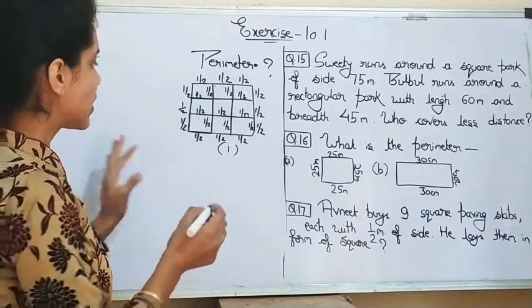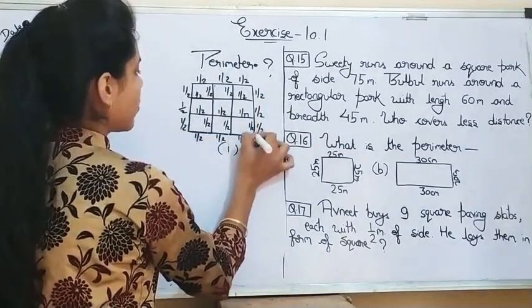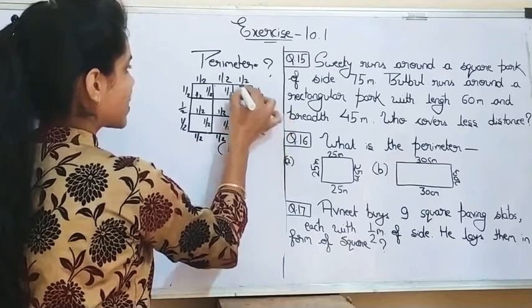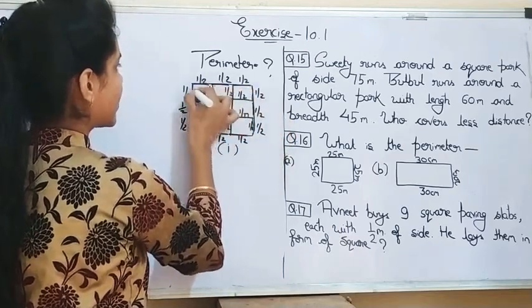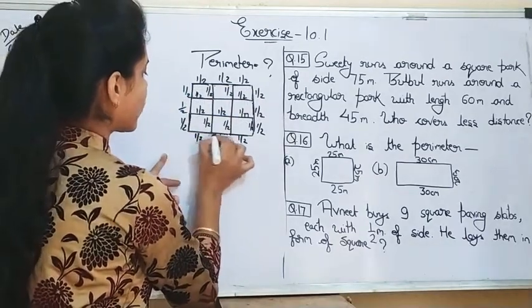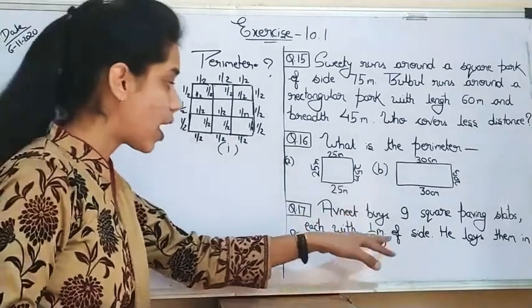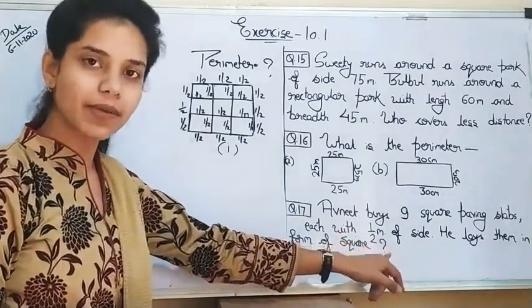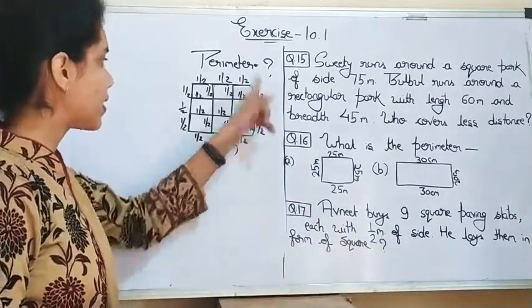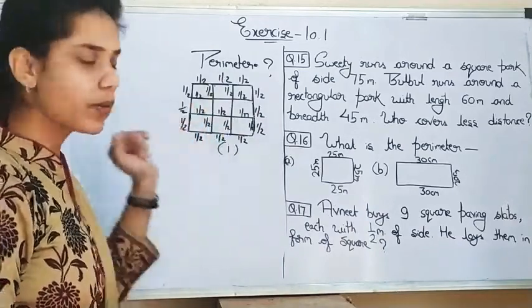See how: 1, 2, 3, 4, 5, 6, 7, 8, 9, 10, 11, 12. There are 12 sides along the boundary, and each side measures half meter.